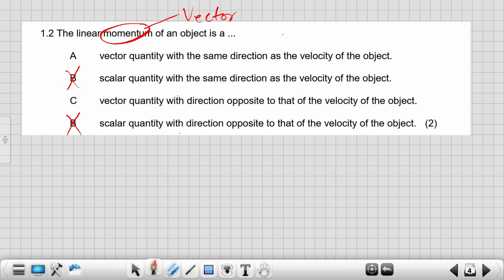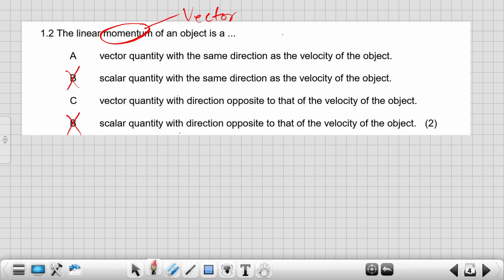I can further read the question to say I am going to look at A and C. A says vector quantity with the same direction as the velocity of the object, and the other says vector quantity with a direction opposite to the velocity of the object. Now that's where the physics principle comes in. I know that it is a vector as the basic concept.